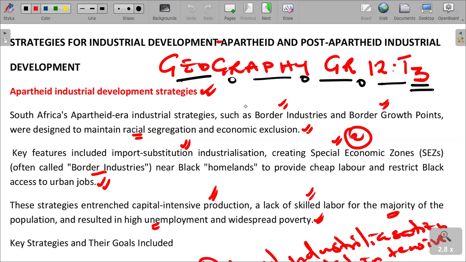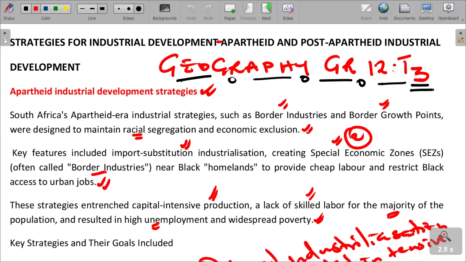Apartheid industrial development strategies, in the South African context. South Africa's apartheid industrial development strategies, such as the border industries and the border growth points, were designed to maintain racial segregation and economic exclusion.